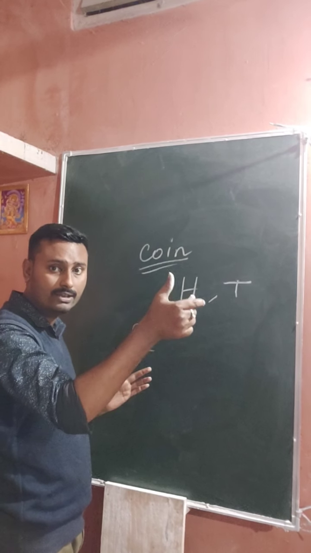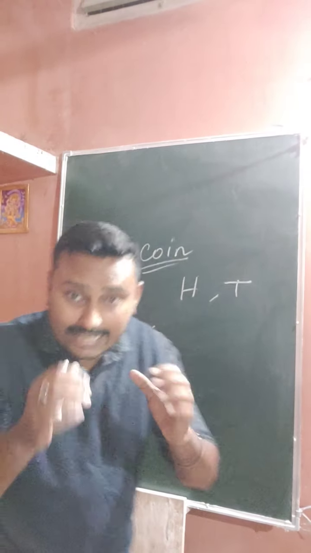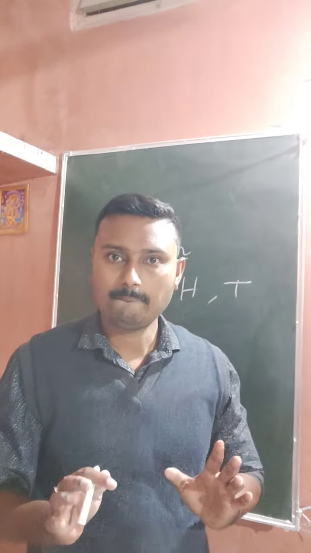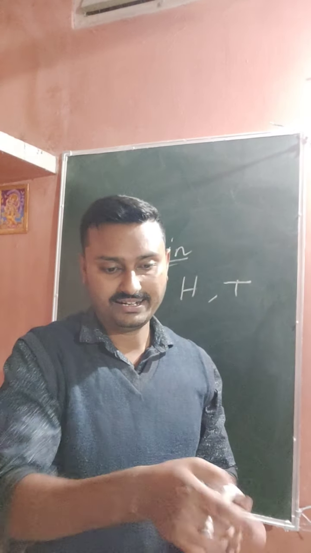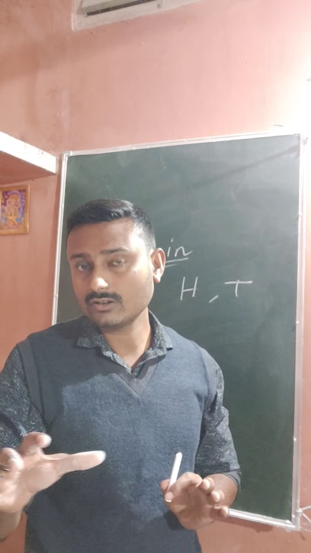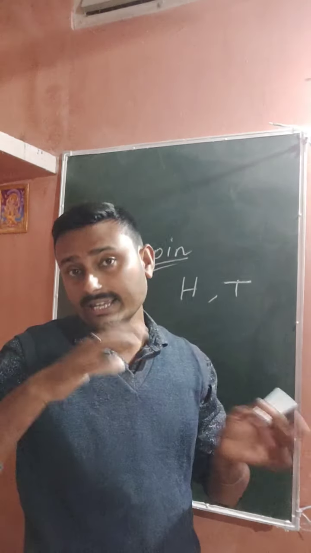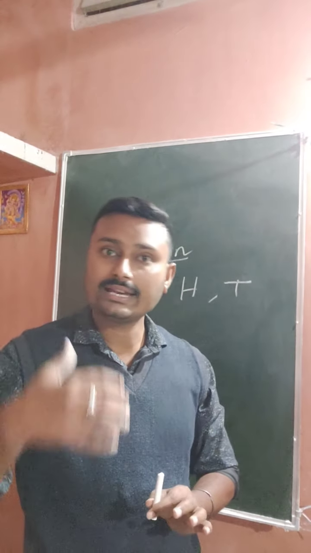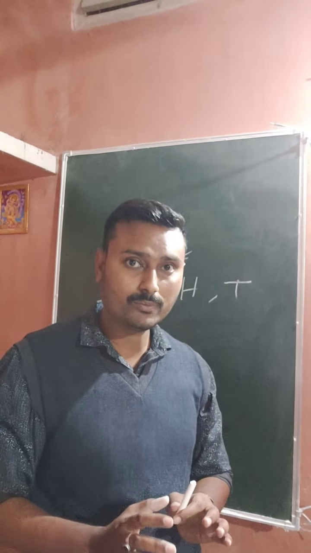Suppose you toss a coin, then what is the chance? Already we discussed in the paragraph that if we express the chances of something happening quantitatively or mathematically, then it is an example of probability.